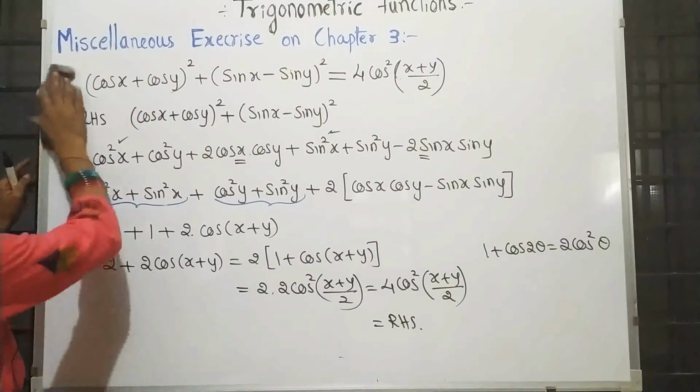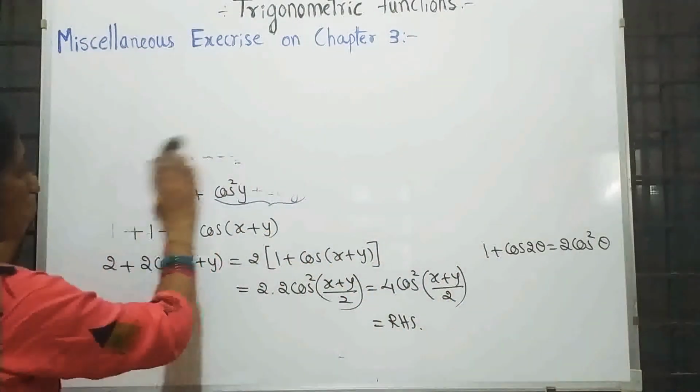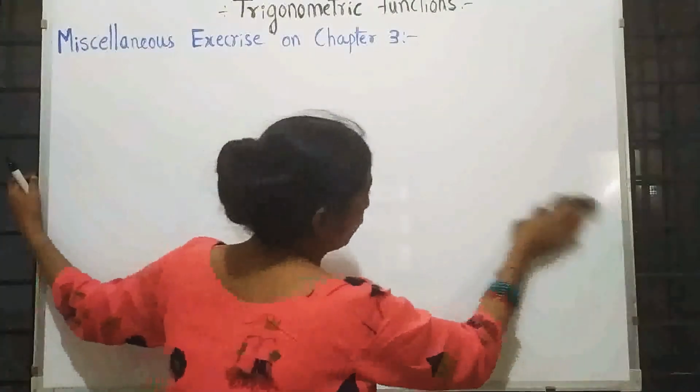Now moving to the fourth one. Fourth is also similar to this. And here I will explain one method. The remaining another method I will give you as a homework. The next question is fourth one. Again in that prove that only.